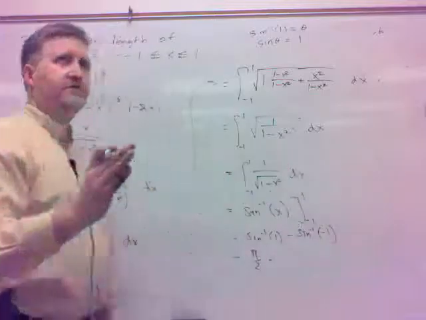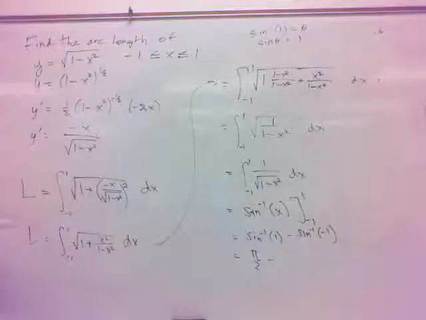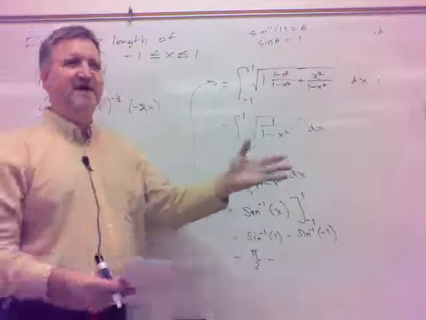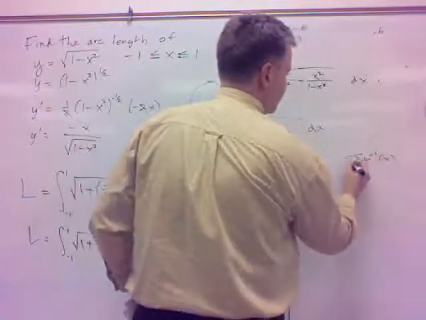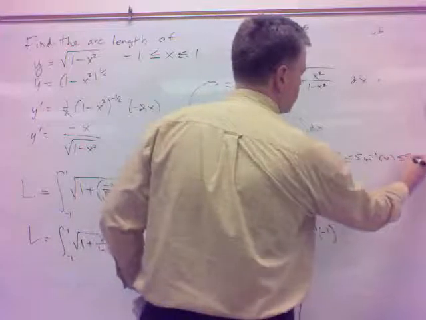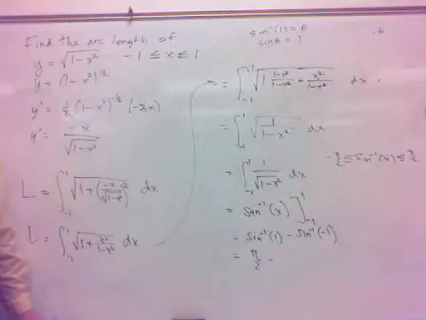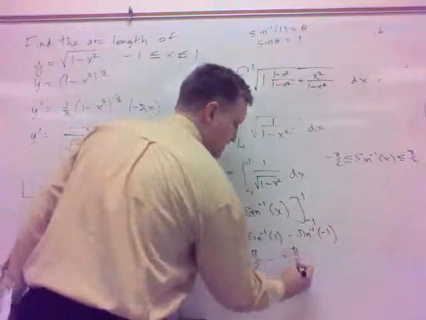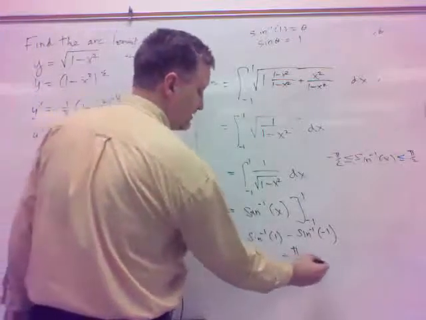Remember, sine inverse goes between minus pi over 2 and positive pi over 2. You have to remember those restrictions. 3 pi over 2 works, but the actual function only goes between pi over 2 and minus pi over 2. So it's minus pi over 2 that would get you the same result, wouldn't it? So minus makes a plus. It's positive pi.